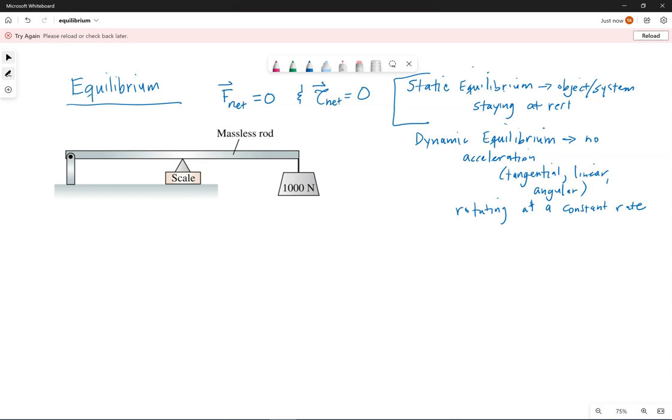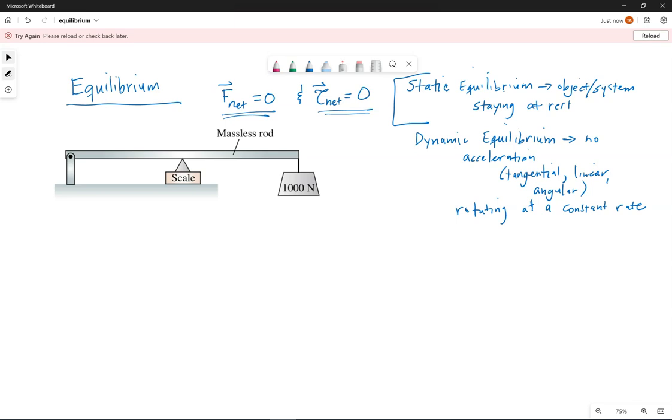And so we need to account not only for the net force being zero, but also the net torque being zero. Now this problem, when you saw it before, it asked you for the reading on the scale.